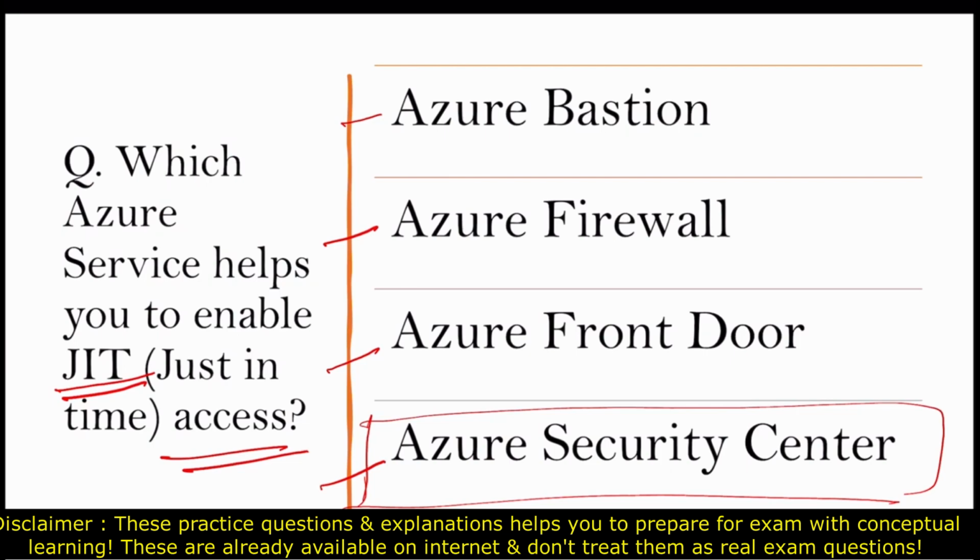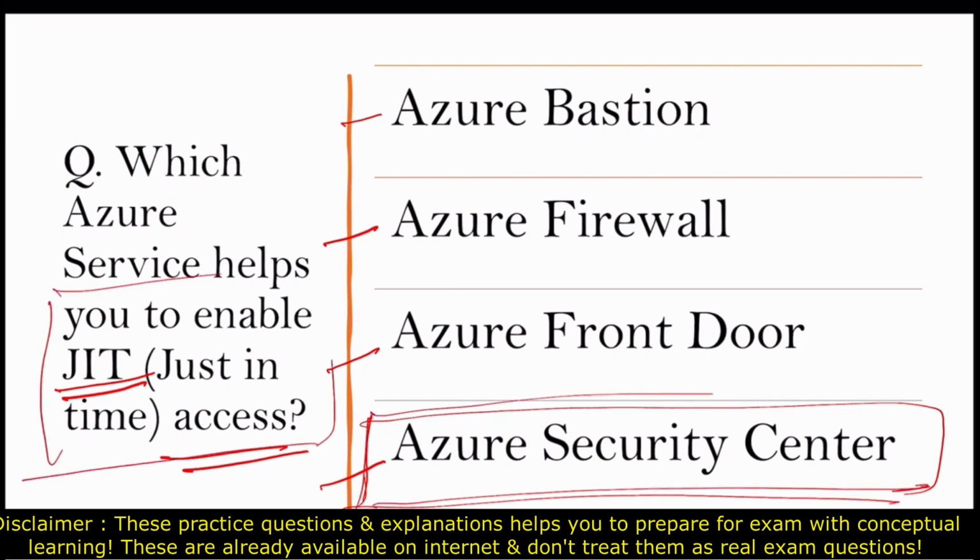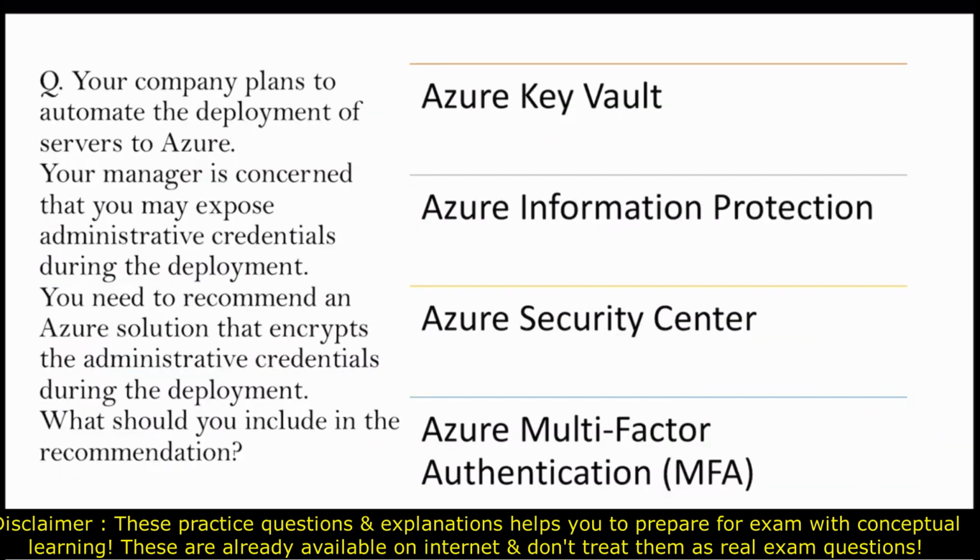So this reduces the exposure to attacks while providing easy access when we need it. So whenever we talk about which service will be used to enable JIT access, that is Azure Security Center. I got confused earlier. I was thinking it was Azure Vision, but in Azure it is Azure Security Center. In another cloud I read that it is Vision, but let's forget that. For this one, JIT access, Azure Security Center. Let's talk about the next question.